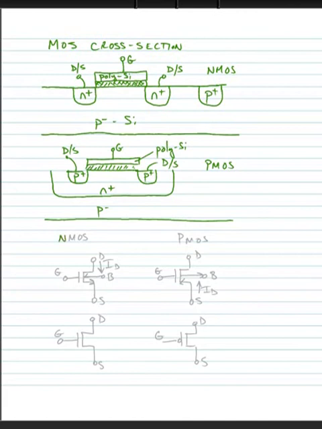Now, looking at the symbols for our transistors, NMOS symbols can look as follows. We can either use a symbol that has an arrow at the source. Our PMOS transistor will have an arrow at the source as well, but it will be going in the opposite direction.